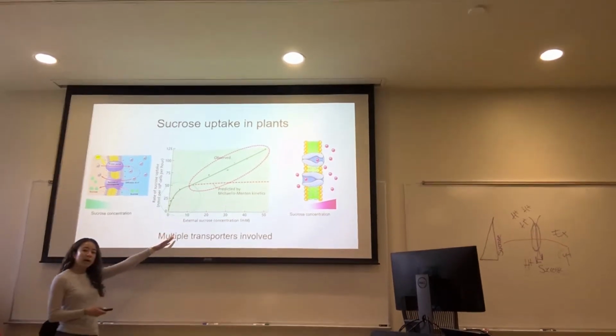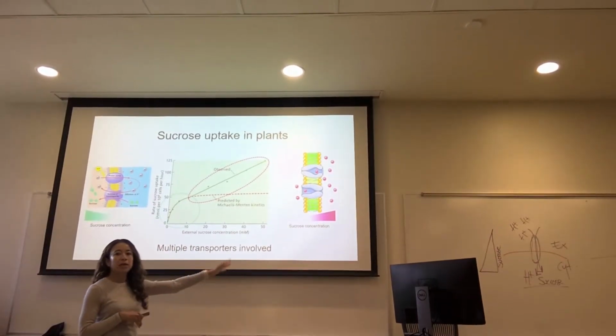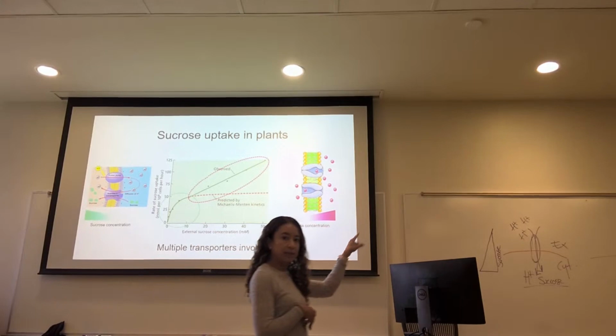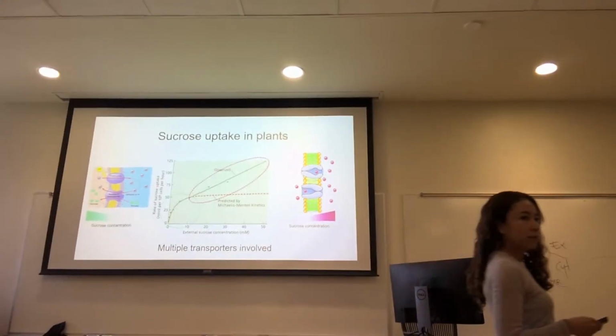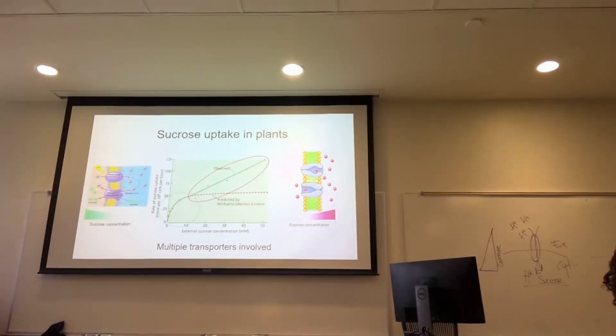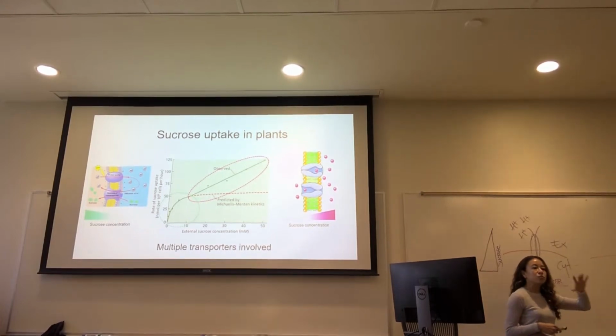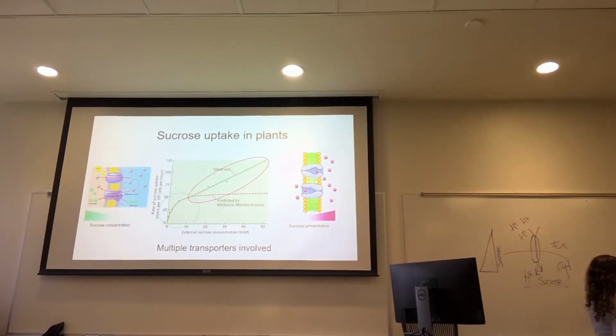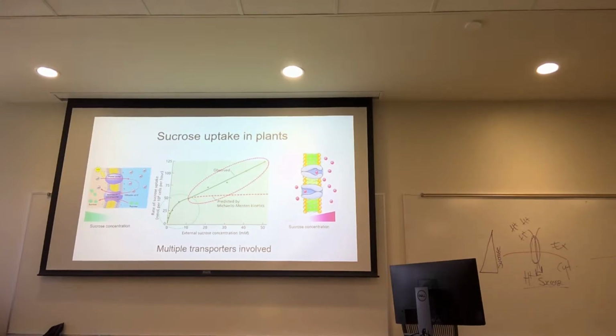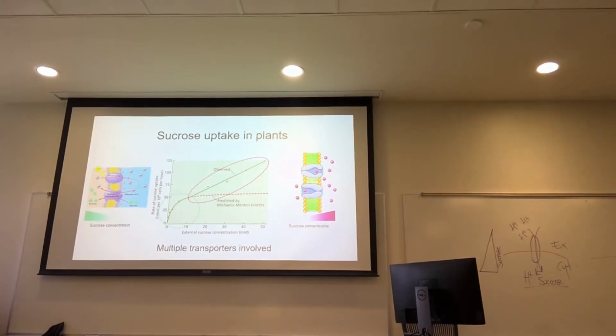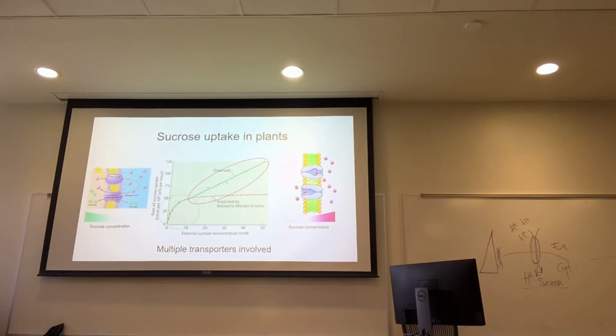At low sucrose concentration, it will move against the gradient, therefore you need a C porter to move it against the gradient. Once the sucrose reaches very high levels, then the gradient flips, and now you can move it independently. And that is important, right?